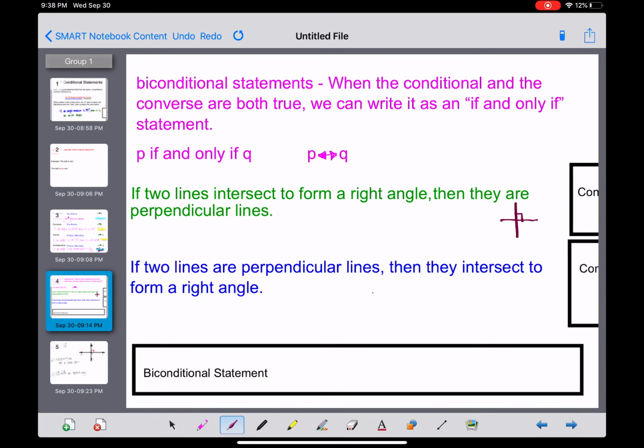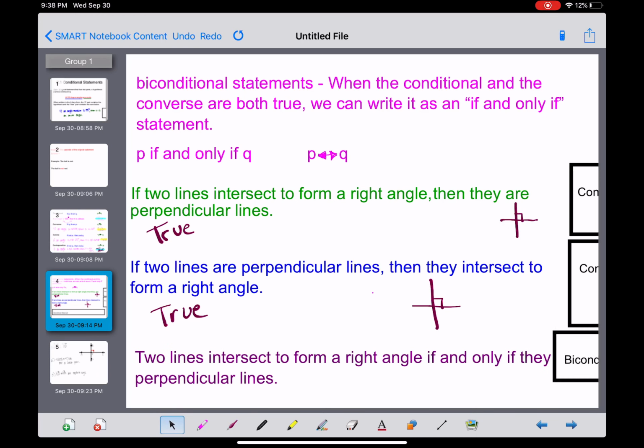If two lines are perpendicular, then they intersect to form a right angle, which is also true. So both our conditional and our converse are true statements. Therefore, we can write that as a biconditional statement. Two lines intersect to form a right angle if and only if they are perpendicular lines.